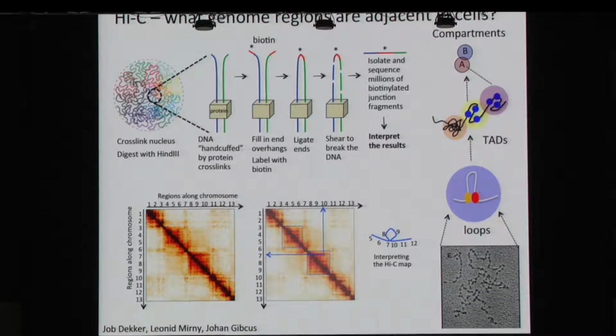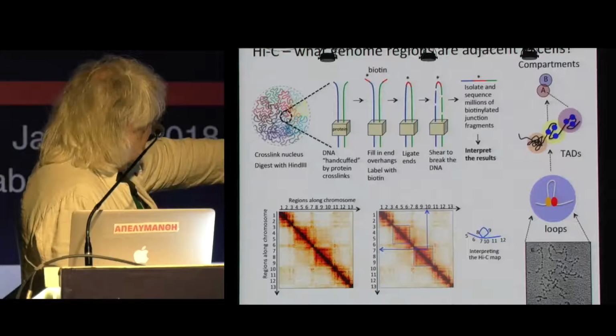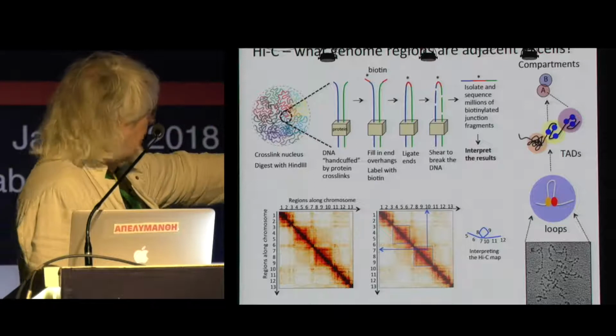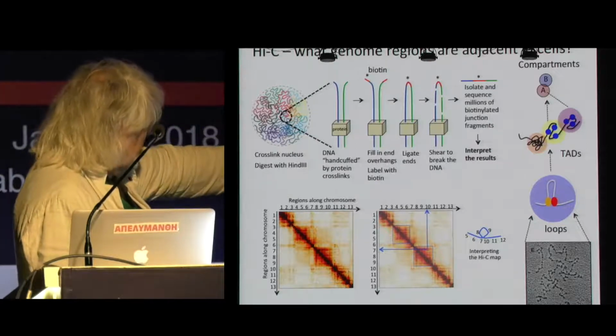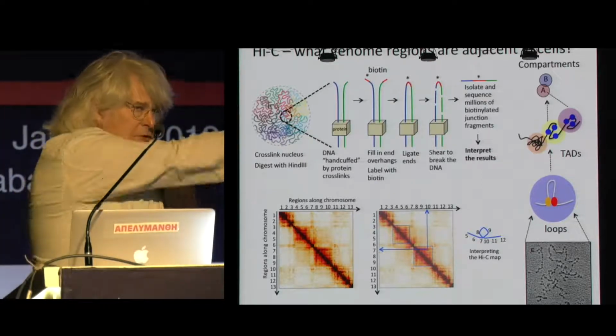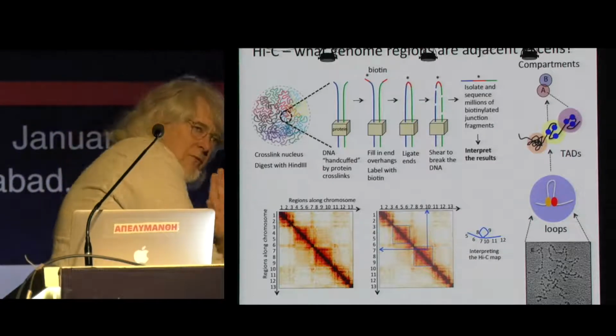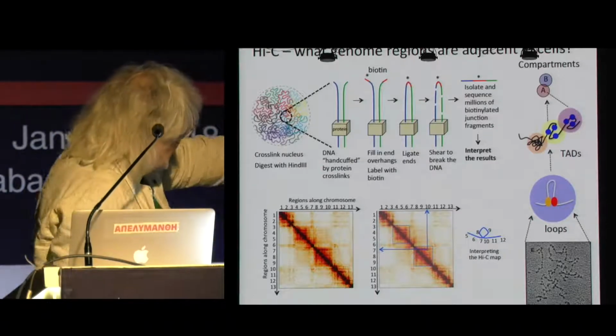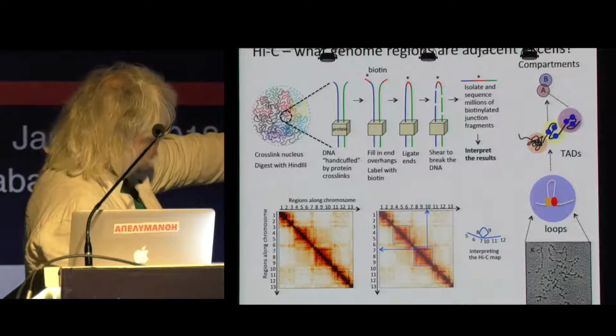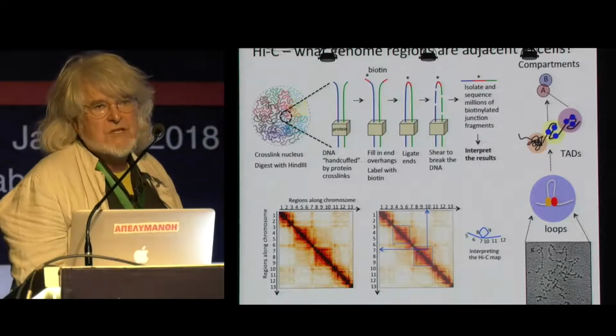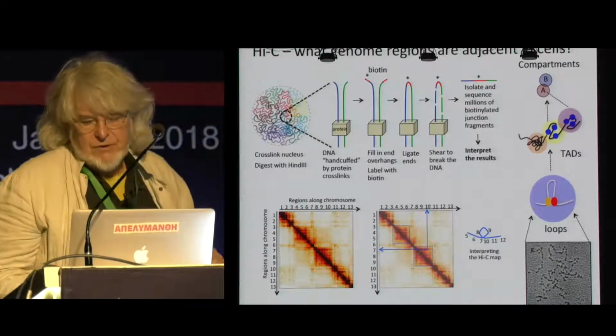That structure you're seeing is actually a heat map, where red means that you saw lots of crosslinks between adjacent DNA molecules. If you plot the same chromosome across the top and the same chromosome down the side, that's what gives you the diagonal. As you can see from the blue arrows, region 10 of the chromosome is cross-linking to region 7. And the only way you can explain that is if there's a loop.